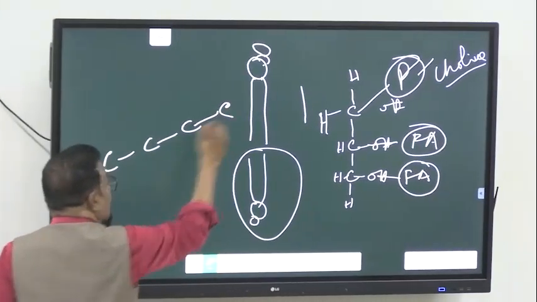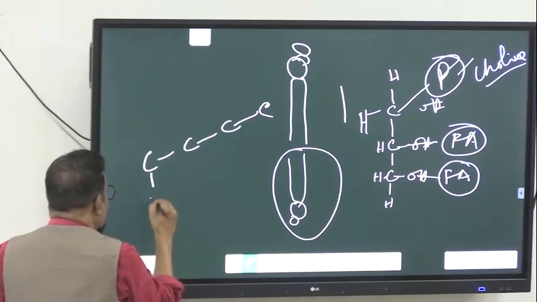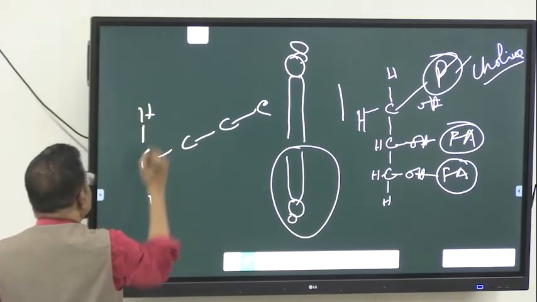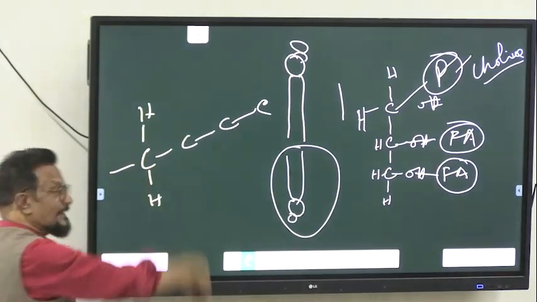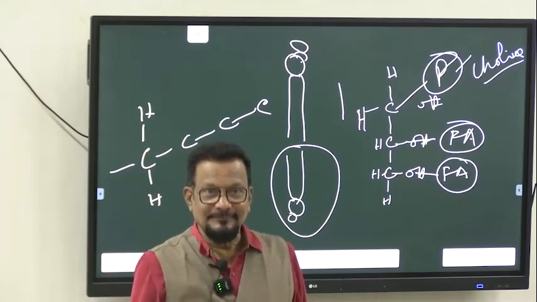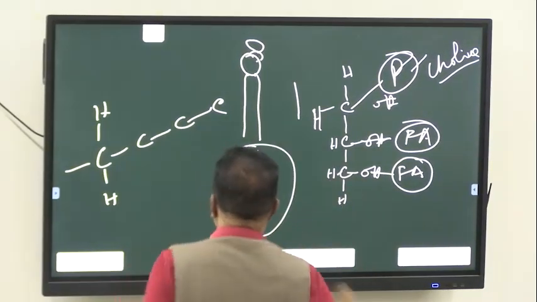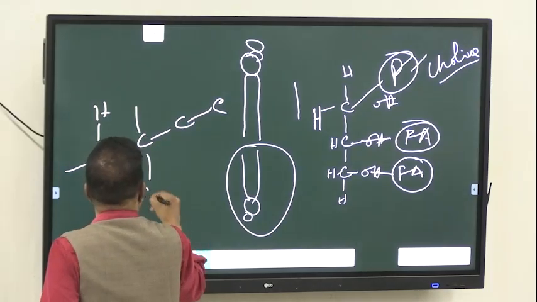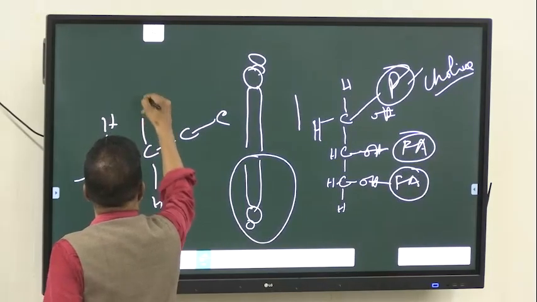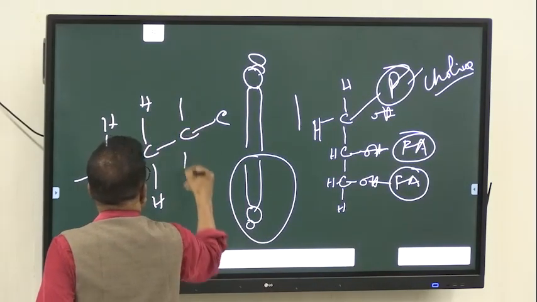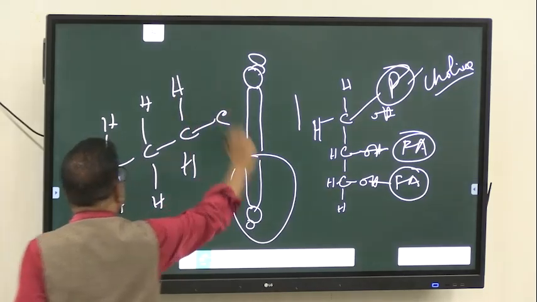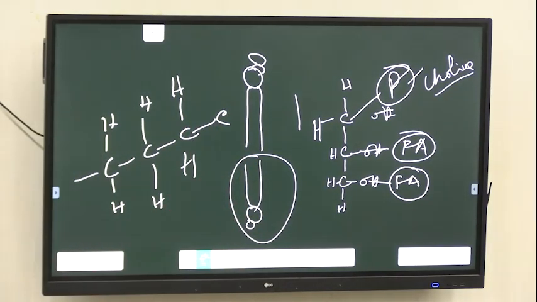These are the fatty acid carbons, and all the carbons are having hydrogen. So now all the valencies are saturated. So these are saturated. No double bond. Now I am doing one thing.